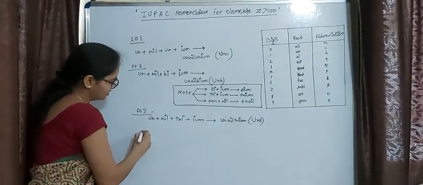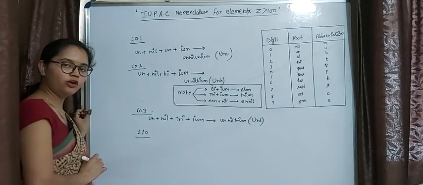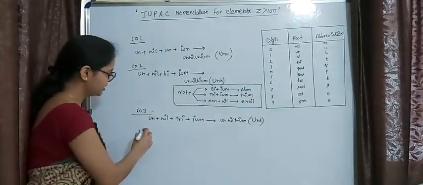Now suppose we want to write the IUPAC name for 110.